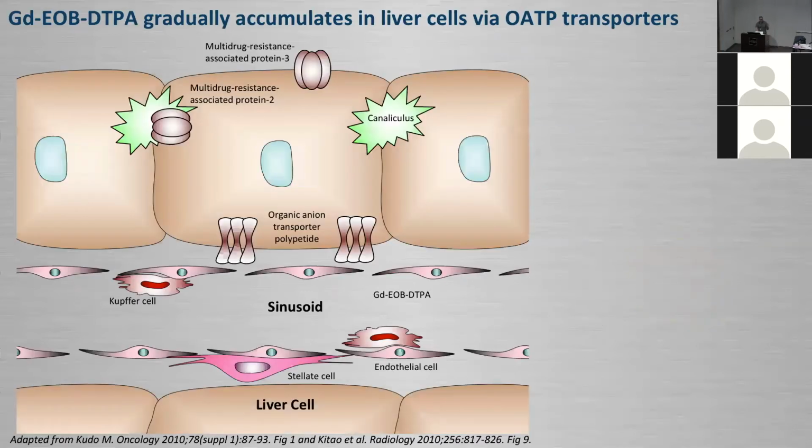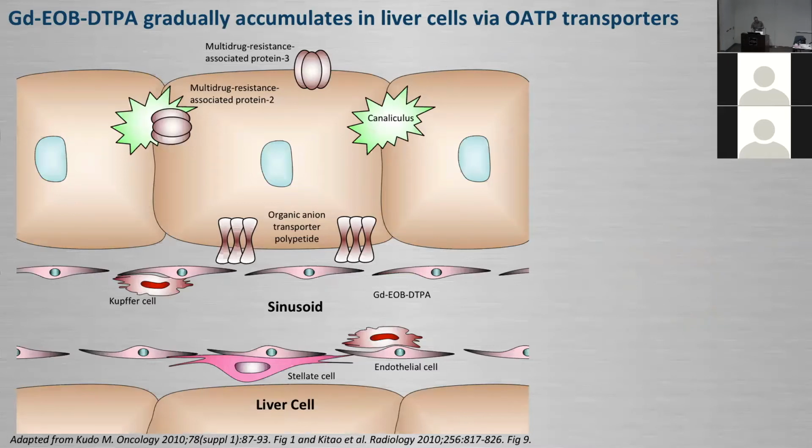Now, gadolinium EOB DTPA gradually accumulates in liver cells via particular transporters known as OATP. So OATP are these transporters that are on the sinusoidal membrane of hepatocytes. OATP, organic anion transporter polypeptides.